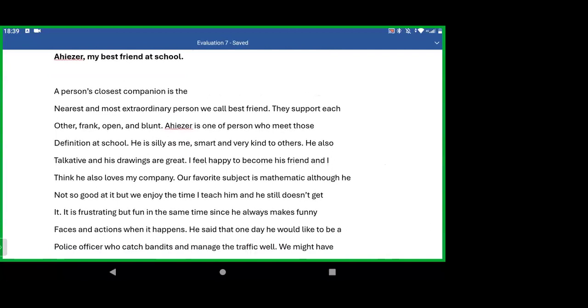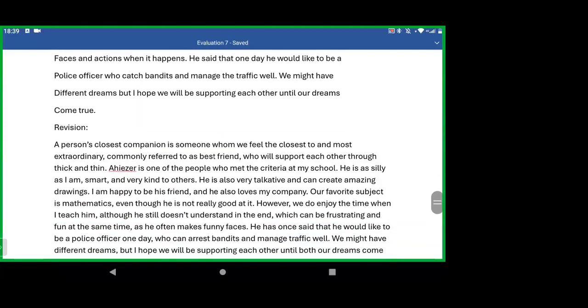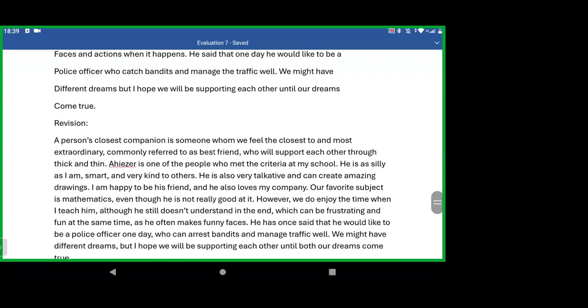So instead of saying one of person, because person is singular, when you're trying to make this plural, you say one of the people. You're trying to emphasize that he is one of the many people that you've met. And instead of saying meet those definition, you say met the criteria. We use met because it's the past form of meet.